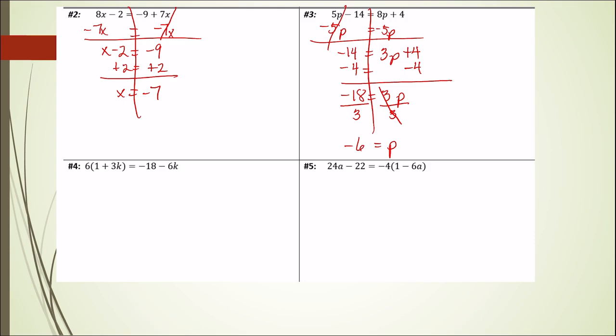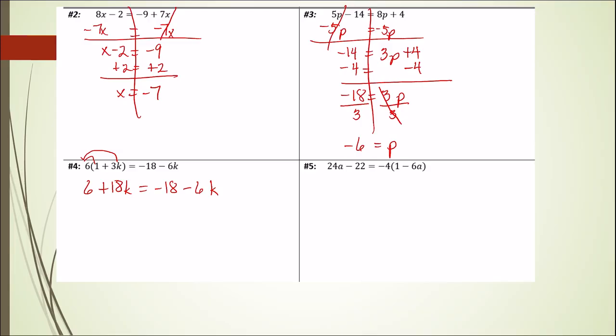All right, next problem. Oh, there's a distribution there, so I guess we have to do that first. So 6 plus 18k is equal to -18 minus 6k. All right, so look at this for a second.